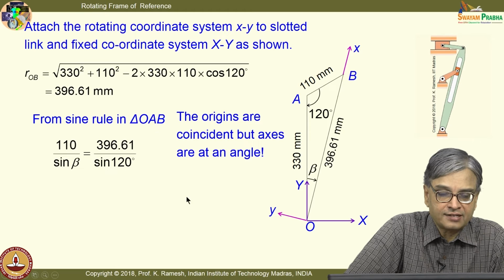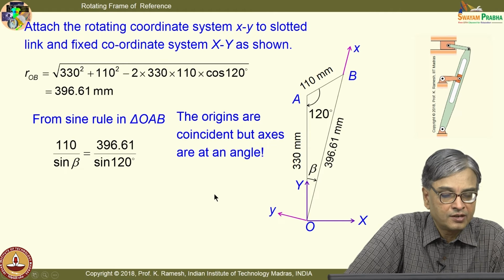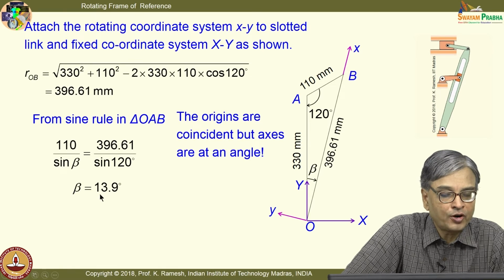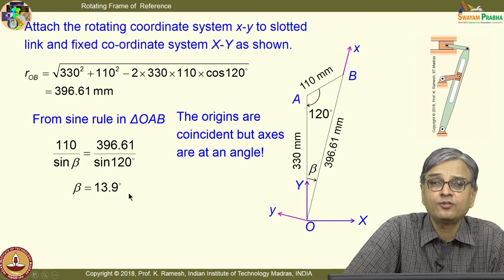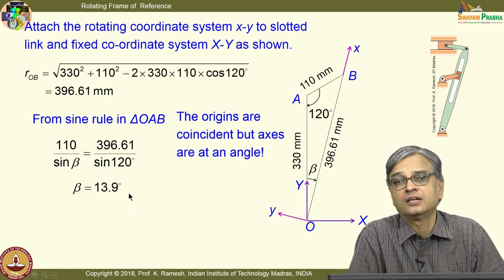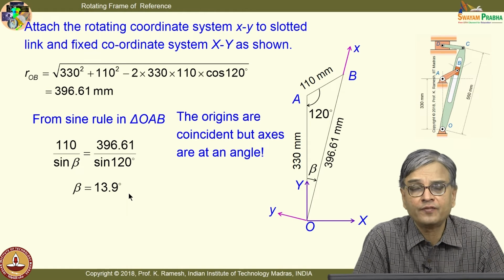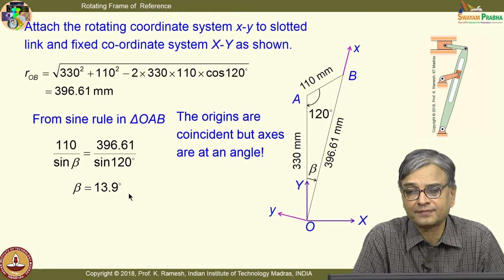So, we need to get certain other quantities. So, I get the angle beta as 13.9 degrees. So, you have to bring in your sine rule, property of triangles. For solving a problem you need that as well.